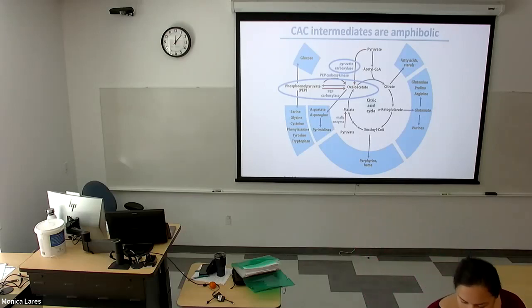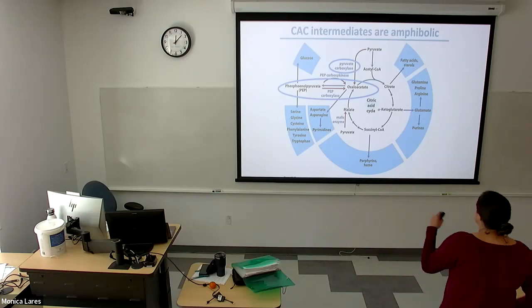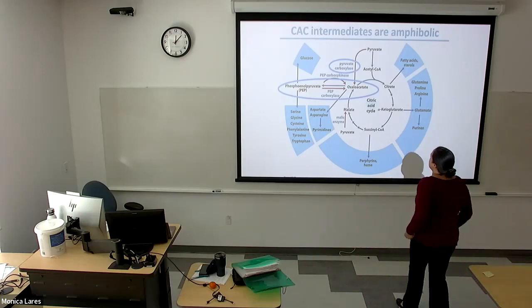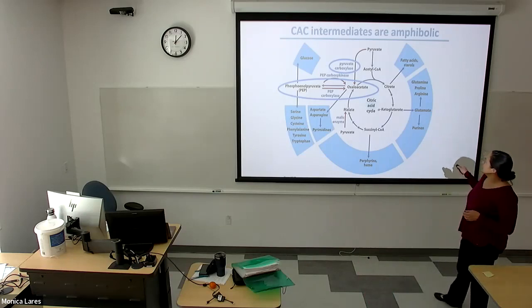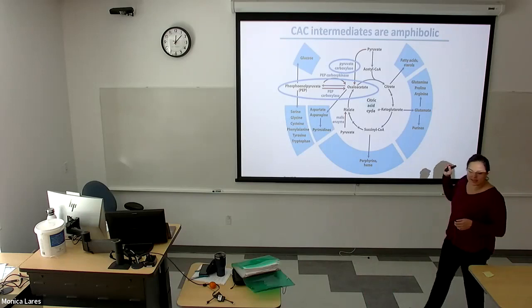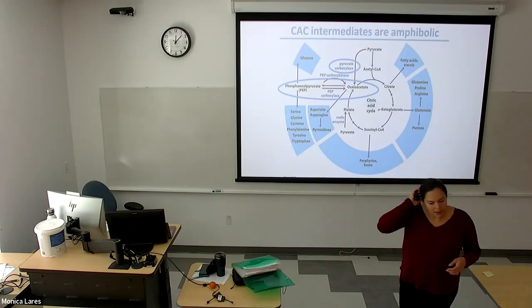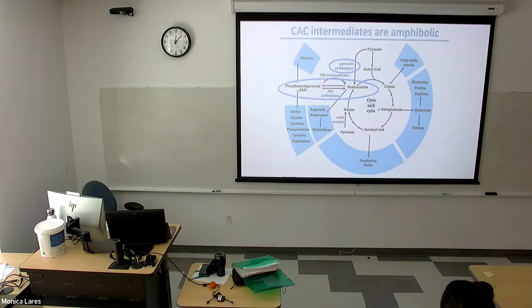So which intermediate from the citric acid cycle is removed to make fat? And we can see here that citrate is the one that's removed to make fatty acids. Okay. On the pre-activity, it also asks which intermediate is removed to make glucose.